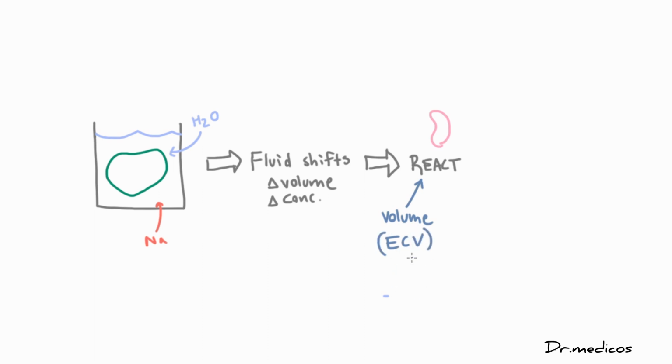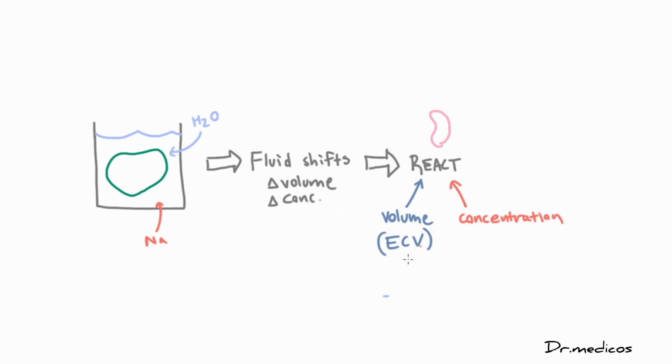Now, why is it extracellular and not intracellular? That's a loaded question that we'll get to later. For now, just remember, what the kidney is measuring is extracellular volume. And the other thing the kidney can react to, the other thing it can measure, is concentration. So precisely the other thing that we mentioned here.